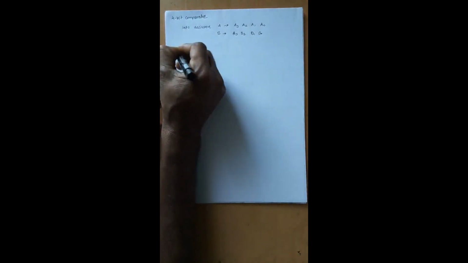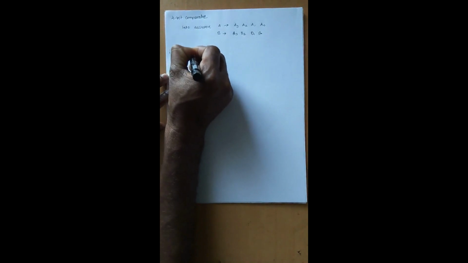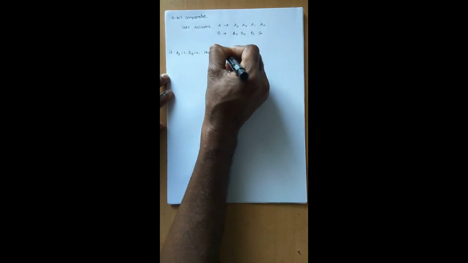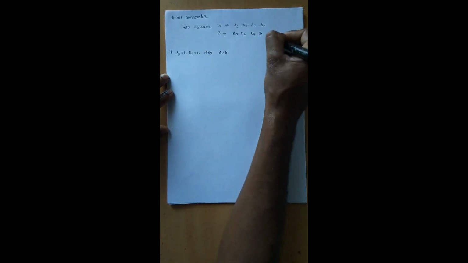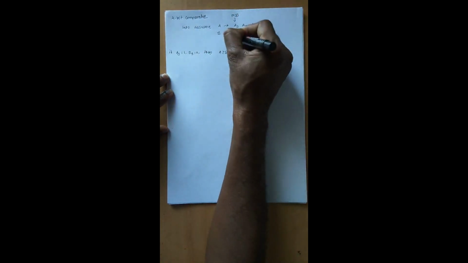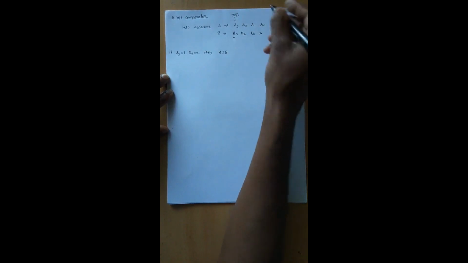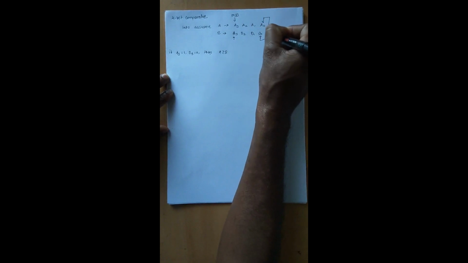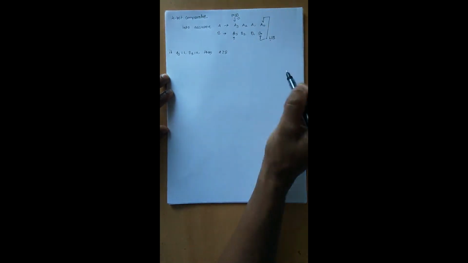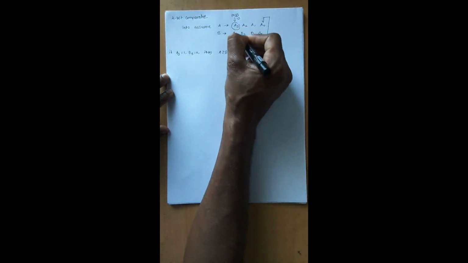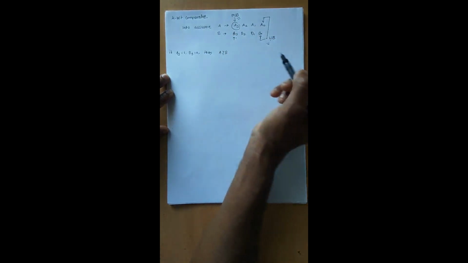If A3 is 1 and B3 is 0, then no doubt A is greater than B, because this is the MSB of number A and this is the MSB of number B. This bit has higher weightage than the LSB. If this value is 1 and this value is 0, then definitely A is greater than B.